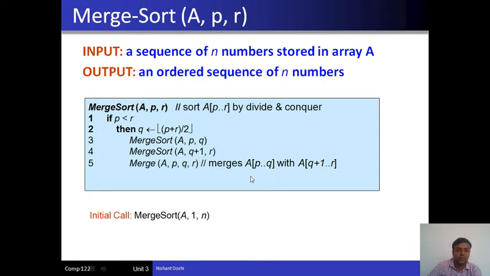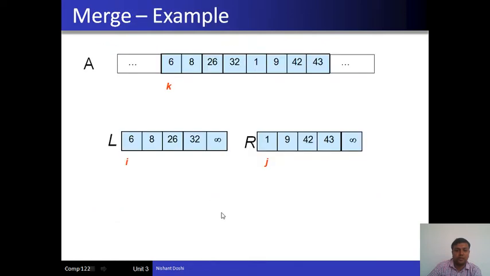So these two sorted arrays we are going to merge. This is the main call. When we call it, we use these functions, merge-sort A, 1 comma n. Generally in C language, when the index starts from 0, you have to start with 0 and n minus 1, so accordingly you have to change it here.